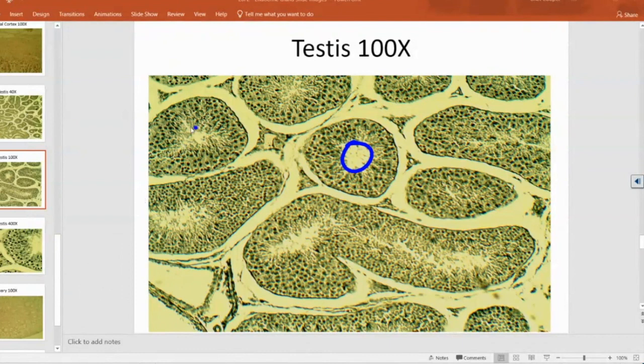There it is. This one's kind of funny looking. There it is. All of those things in blue. The lumen. Okay.